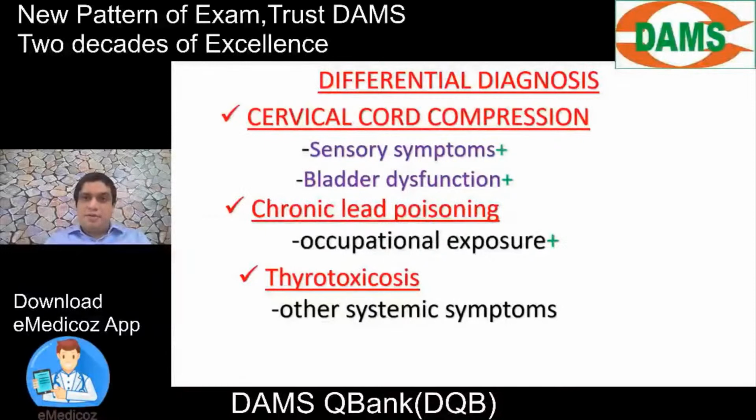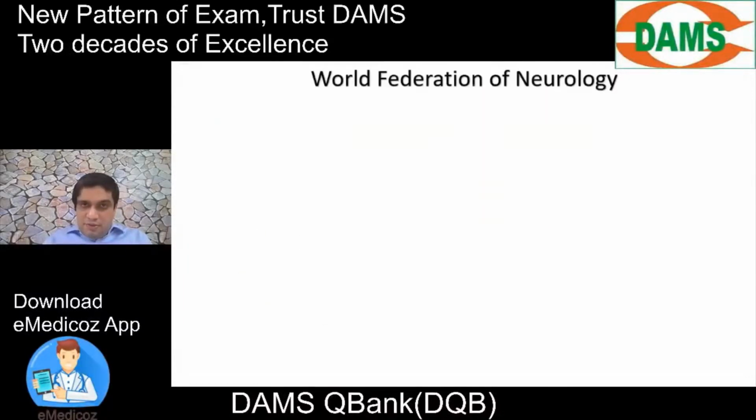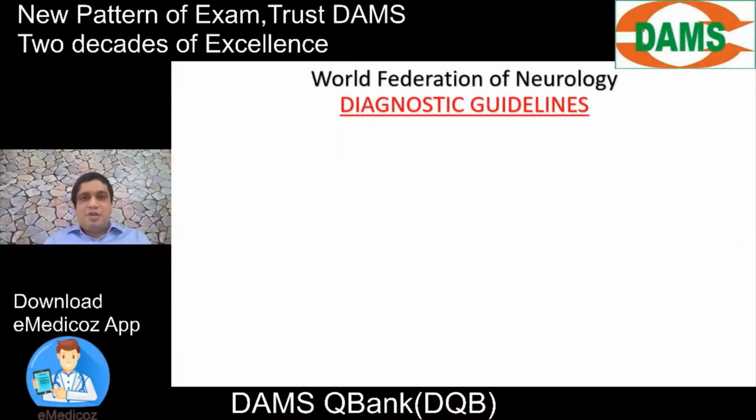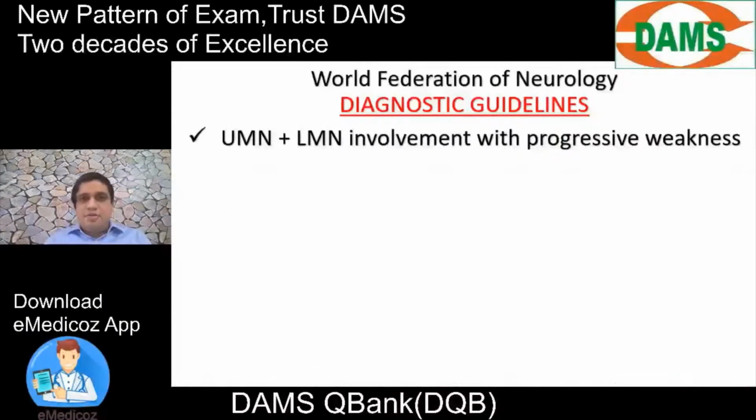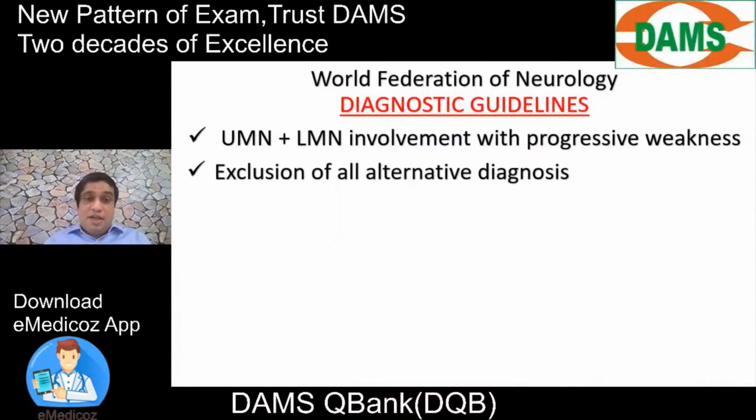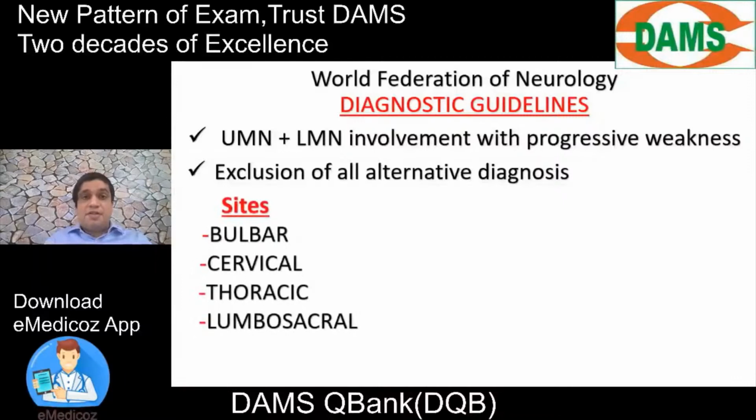Now, the World Federation of Neurology has put in diagnostic guidelines for a patient of ALS. They say that the person should have UMN involvement with progressive weakness, that's one thing. An exclusion of all alternative diagnoses should be there. You think about everything else and negate it out. But remember, the sites which are involved in patients of ALS could be bulbar, cervical, thoracic, or lumbosacral. So out of these 4 sites, you need to look into the patient clinically and see which sites have UMN and LMN involvement.